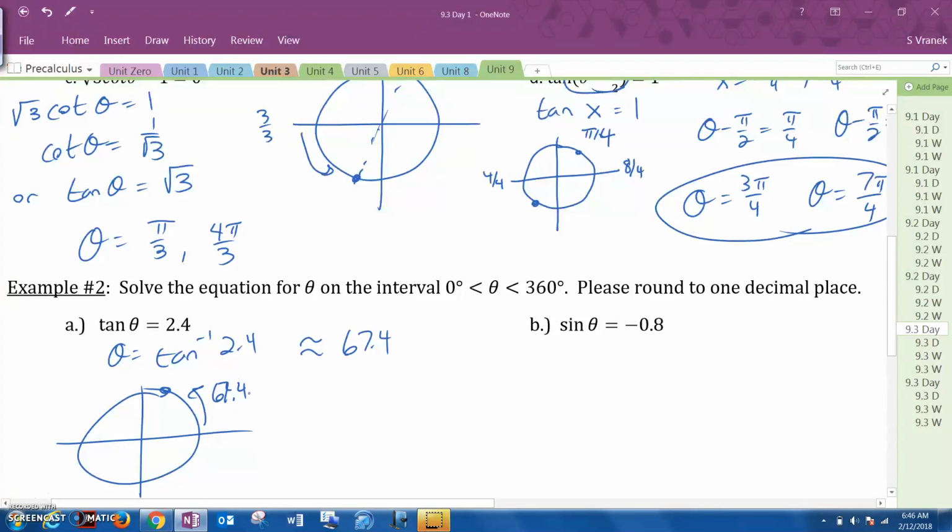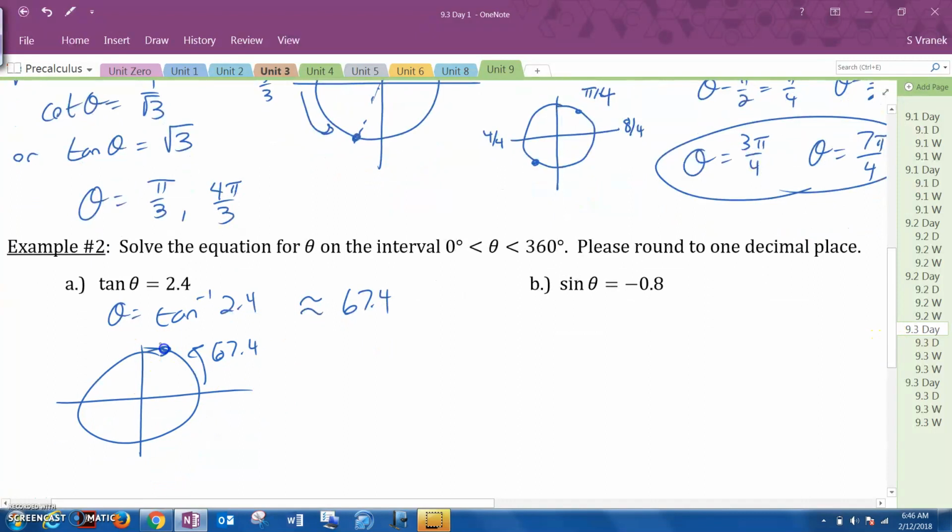Now let's pretend that we need to do what we did up there. We need to find the other quadrant where tangent's positive with the same reference. Well, again, tangent is positive in quadrant 3, and this is a 67.4. So to get the final answer, you would have to go from here all the way to here, and that would be adding 180 to 67.4.